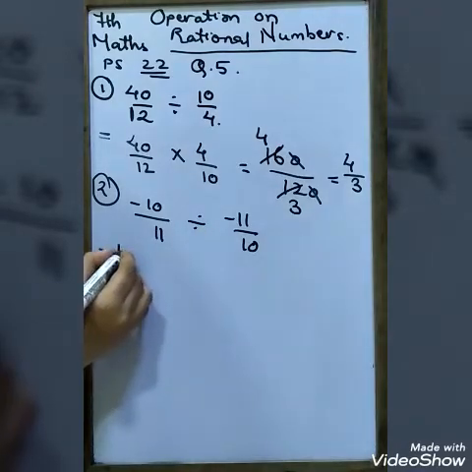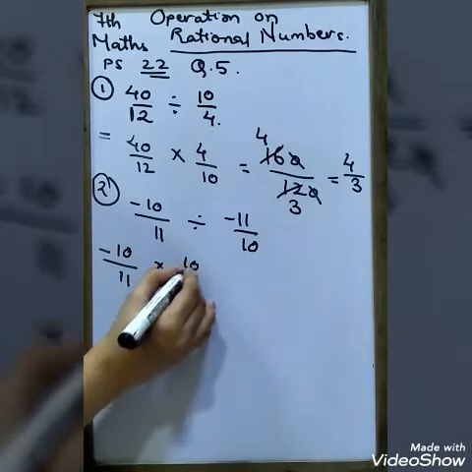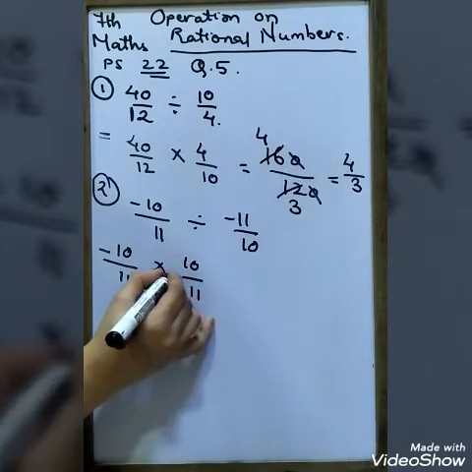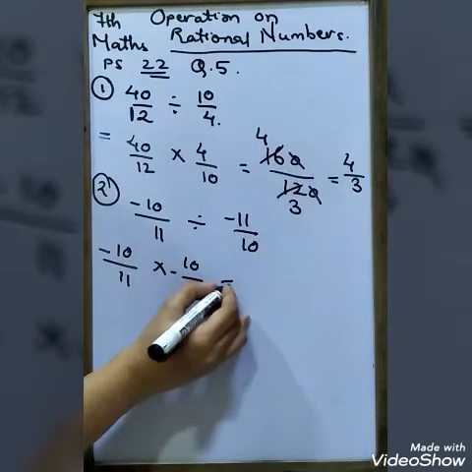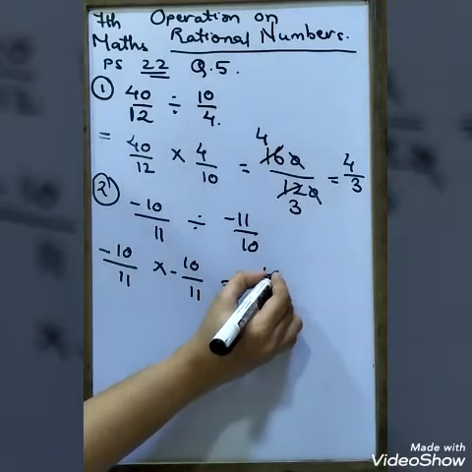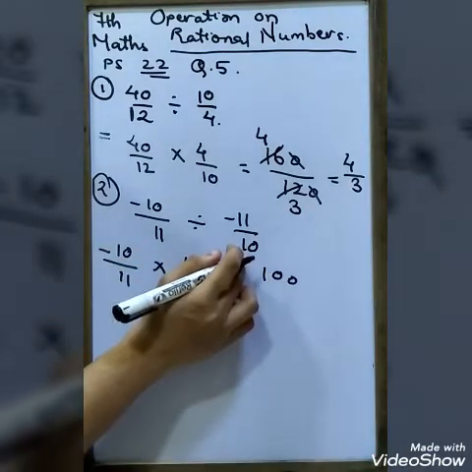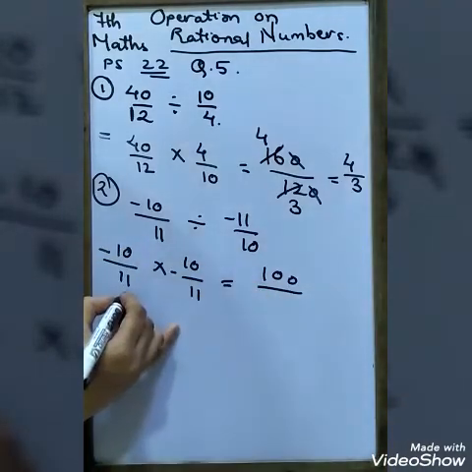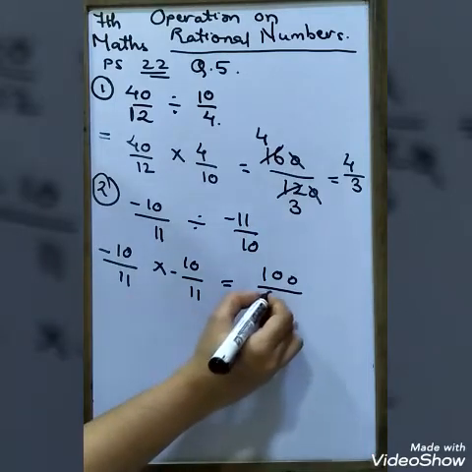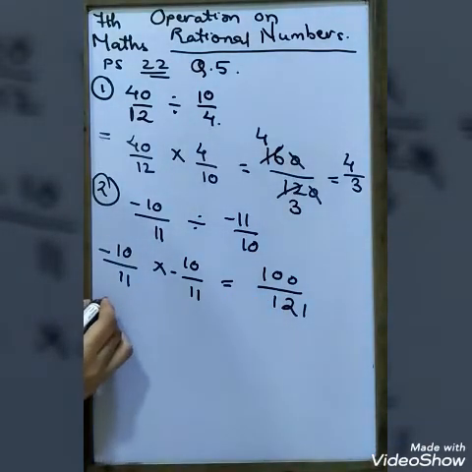So minus 10 upon 11 into 10 upon 11, and the minus sign should come. 10 into 10 is 100, and minus into minus is plus, and 11 into 11 is 121. So the answer is 100 upon 121.